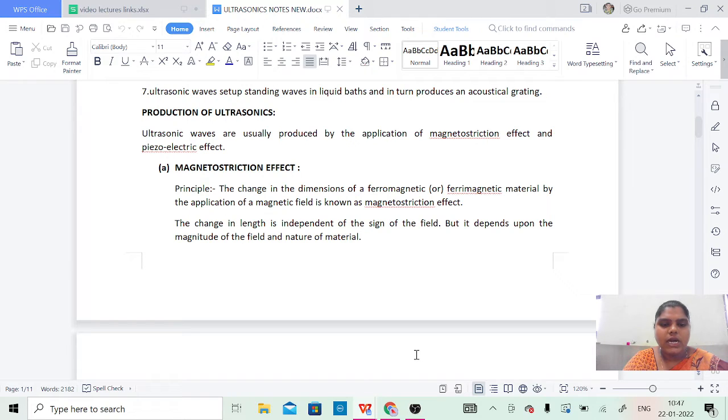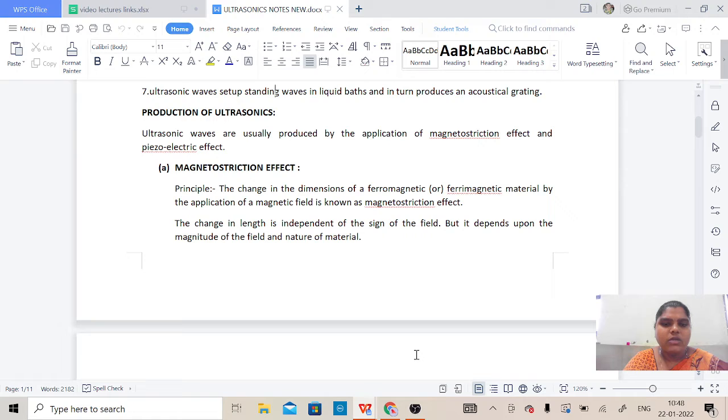The change in the dimensions of a ferromagnetic or ferrimagnetic material by the application of a magnetic field is known as the magnetostriction effect. So the principle behind the magnetostriction method is that whenever we apply a magnetic field to a ferromagnetic or ferrimagnetic material, the dimensions will change.